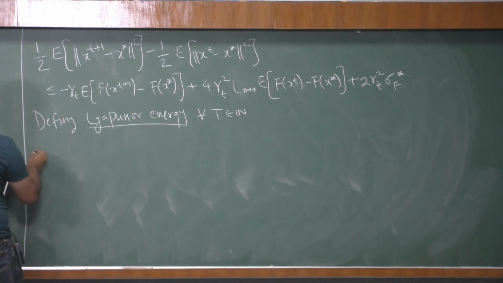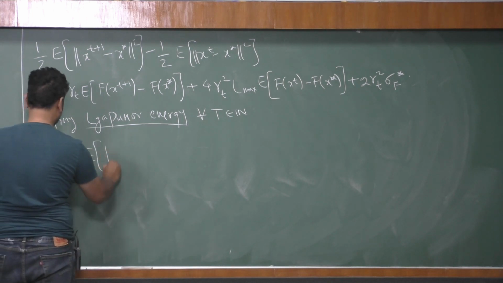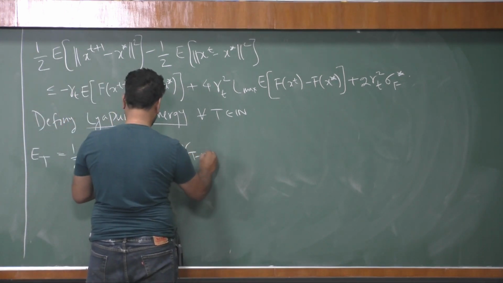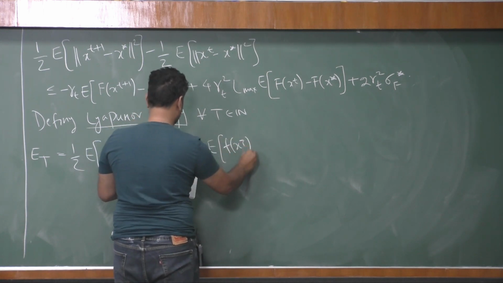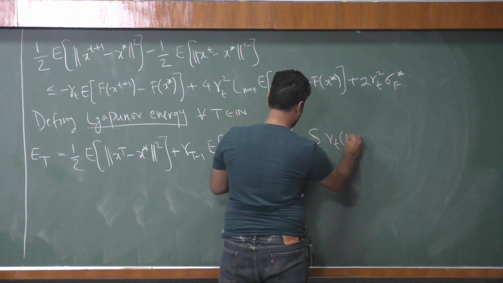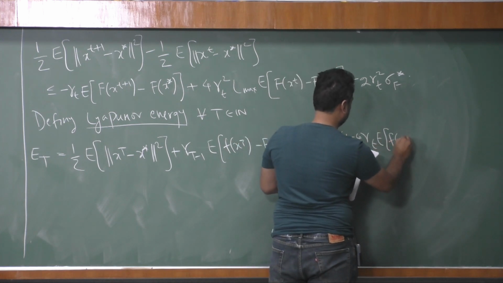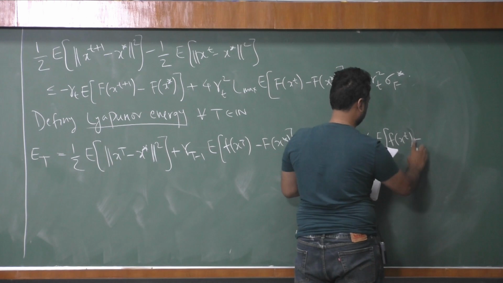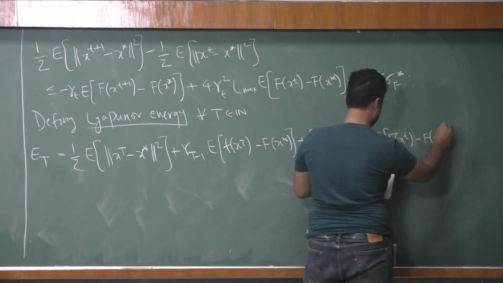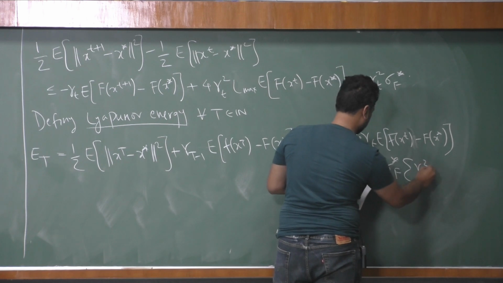So in this case, we define E_t to be half of ||x_t - x*||^2 plus gamma_{t-1} expectation of F(x_t) minus F(x*), plus the sum of gamma_t (1 minus 4 gamma_t L_max) expectation of F(x_t) minus F(x*), minus 2 sigma_star_f gamma_t squared.